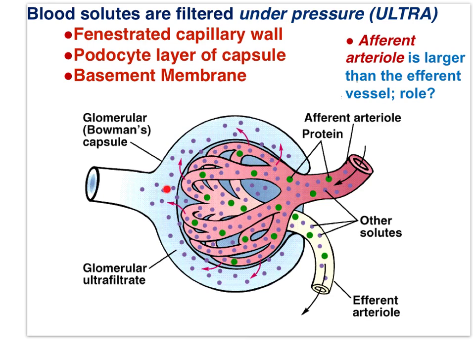The wall of Bowman's capsule is also adapted for filtration. And as well, there is a protein layer, like a protein fabric, called a basement membrane that adds another filtration layer. Once again, small molecules such as glucose and amino acids can pass through the fenestrations of the capillary to become filtrate, while larger proteins and red blood cells cannot.